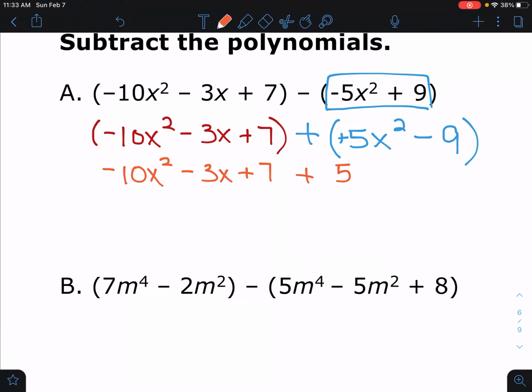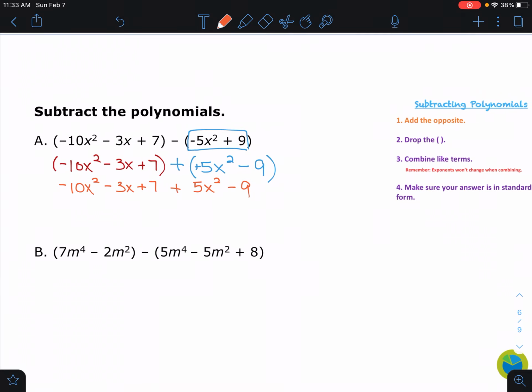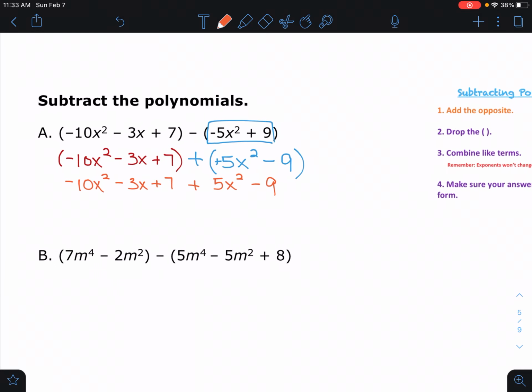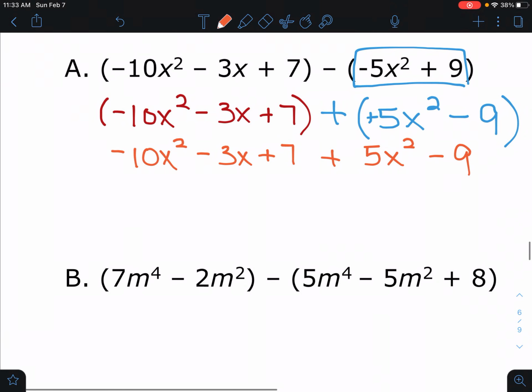Now, if you want to put that other plus sign here, you can. You don't need 2 plus signs in a row, so I'm just going to not write that. Okay, and now we're going to combine like terms and then make sure our answer is in standard form. So I'm going to start with the highest degree terms. So that would be my squares here.